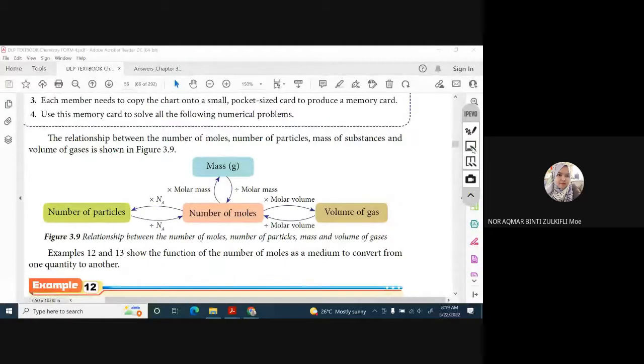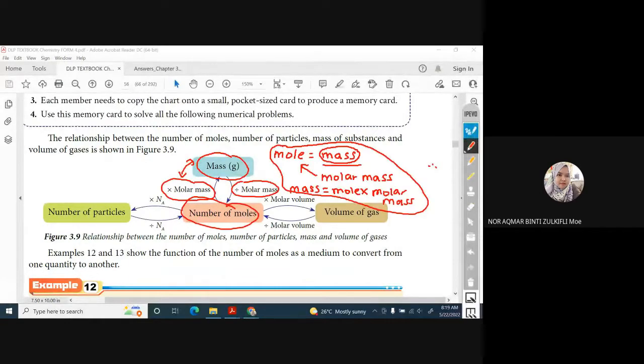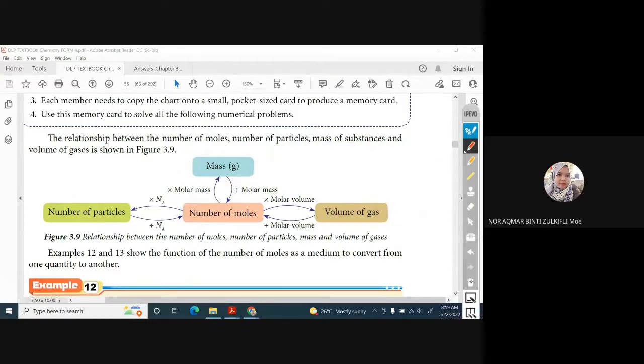Look at this: Examples 12 and 13 show the function of the number of moles. The number of moles plays an important role as a medium to convert from one quantity to another. So let's look at the example.